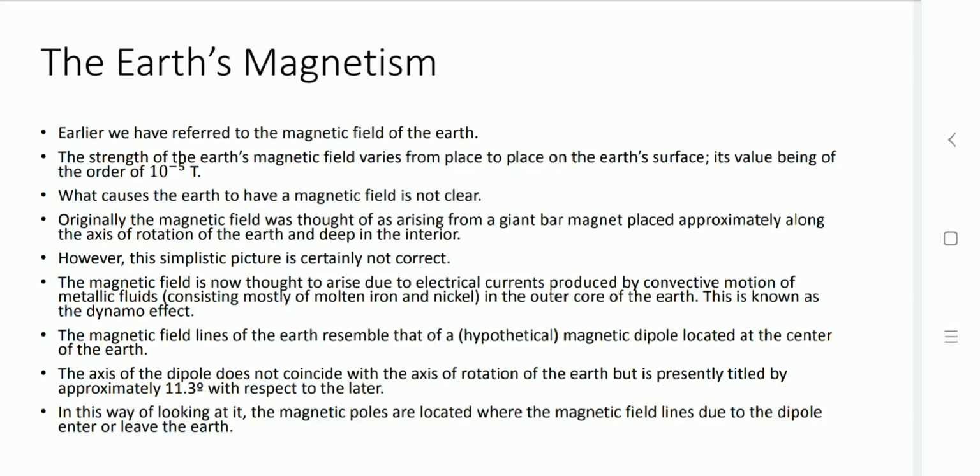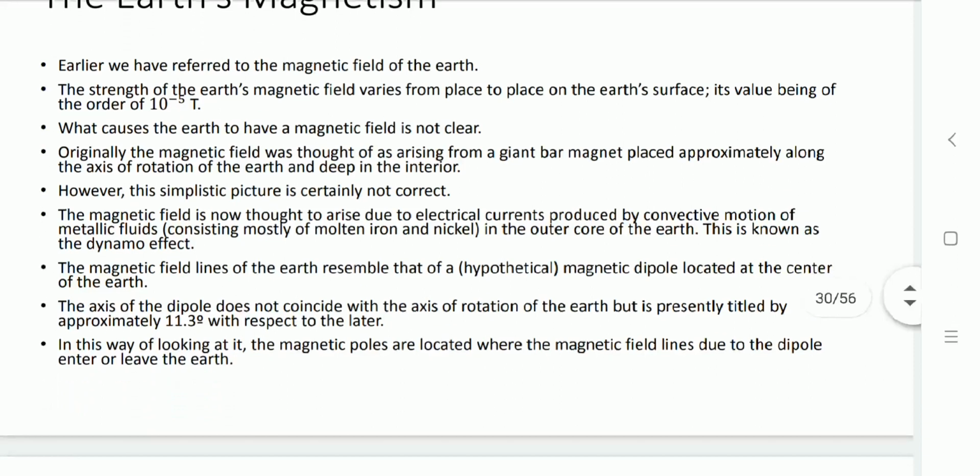Now we are assuming hypothetically that a magnetic dipole is present at the center of the Earth. This magnetic dipole is not coincident with the axis of rotation, but is slightly tilted with respect to the axis of rotation by an angle of 11.3 degrees.